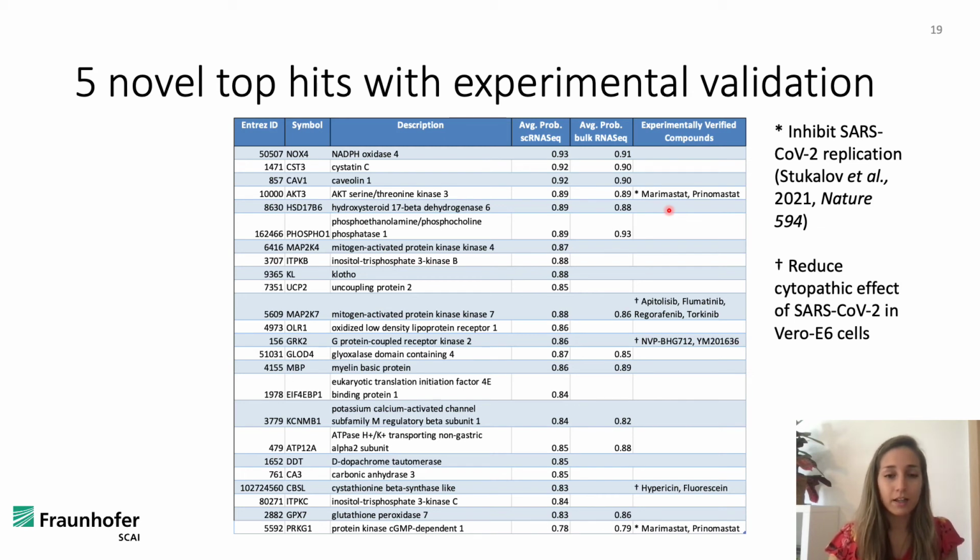Additionally, a collaborator found that drugs which were potent against MAP2K7, GRK2, and CBSL significantly reduced cytopathic effect of SARS-CoV-2 in VeroE6 cells. So we have 5 of these top hits found by the Guilty Targets workflow that were experimentally validated.